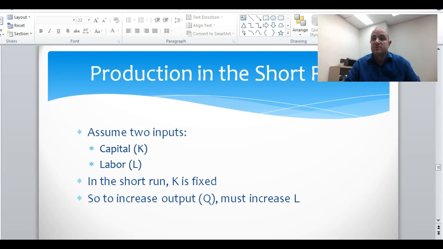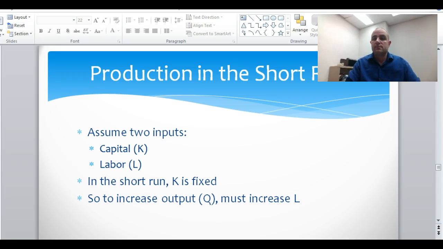Now, we are going to assume two very, very broad classifications of inputs. All right, back to production, what we use to produce the goods and services. Now, in the short run, we are going to assume that this level of capital is fixed. Thinking back, capital is basically the machines that you use to produce the goods and services.